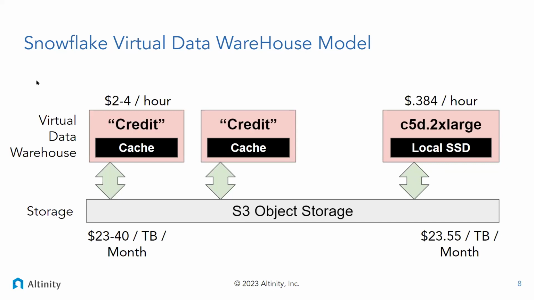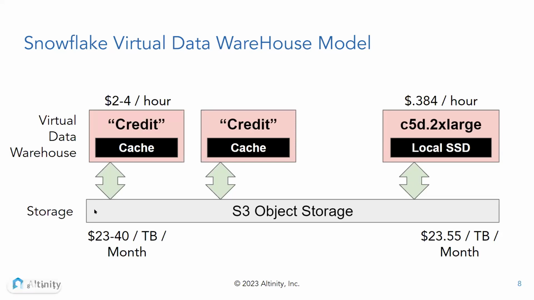So it turns out that, at least in some cases, these credits, which represent VMs, actually map to C5d.2xlarge instances, which are 8 vCPUs, and cost about 38 cents an hour to run. So that's an interesting number.